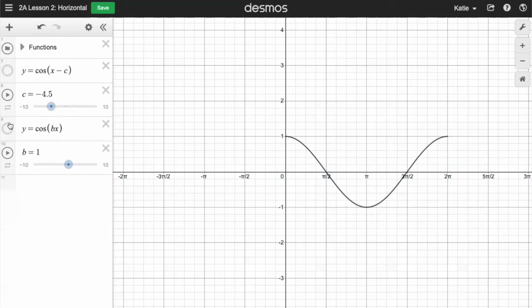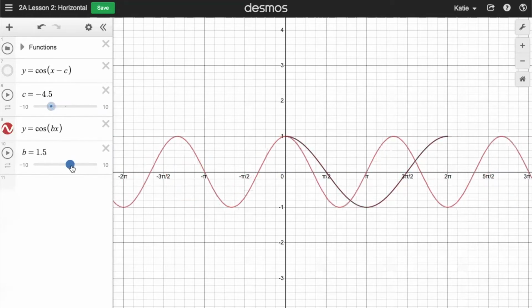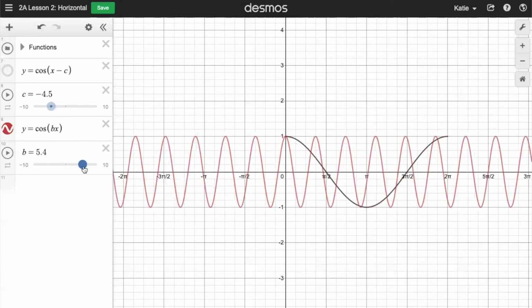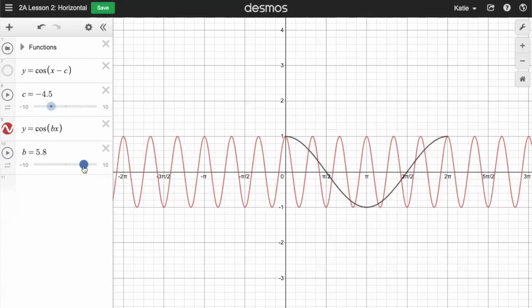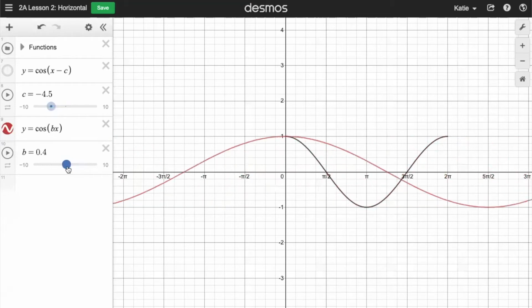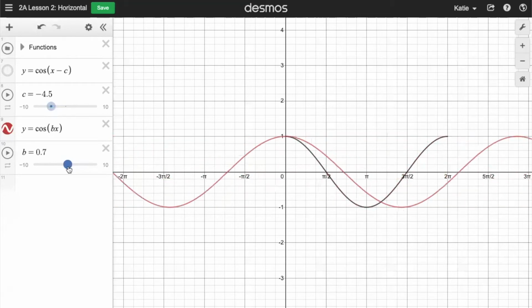And we can also see that if we take our cosine function and multiply by a number greater than 1, just like sine, it compresses our function. And if we were to multiply it by a number less than 1, we can see that it stretches our function.